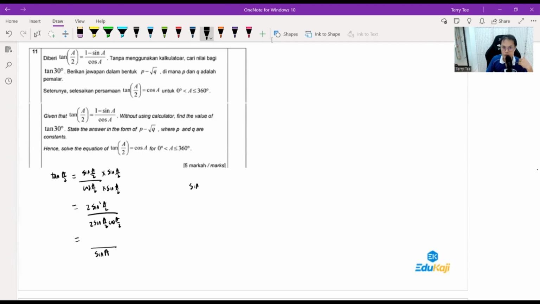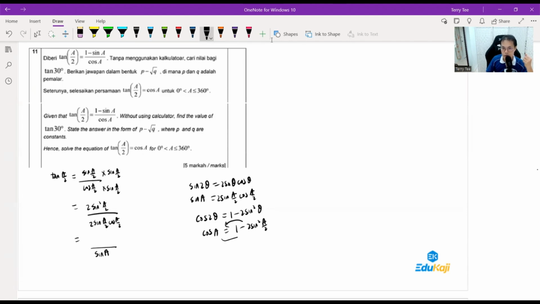We know that sine 2 theta is 2 sine theta cos theta. So sine A is 2 sine A over 2 cos A over 2. And you also know that cos 2 theta is 1 minus 2 sine squared theta. So cos A is 1 minus 2 sine squared A over 2.